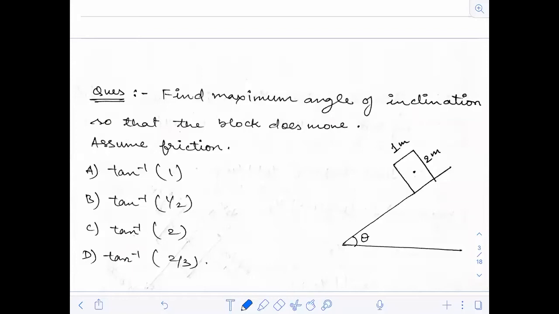Anyone else? Can we have an answer A and C? I cannot have an answer A and C. So it should be either B or D only.